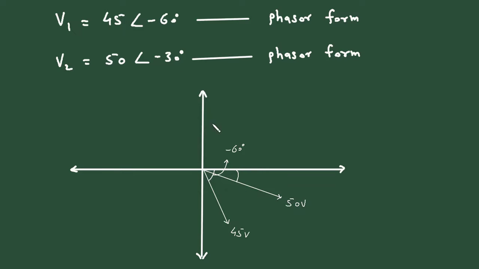Now we can clearly see the difference between these two is this. If this is 60 and this is 30, the remaining angle will be 30 degree.